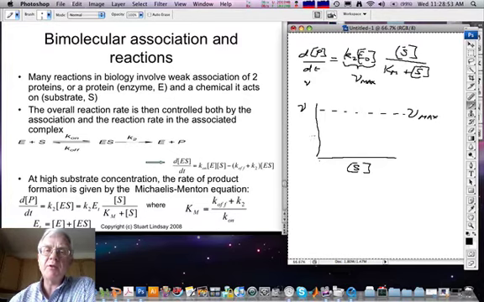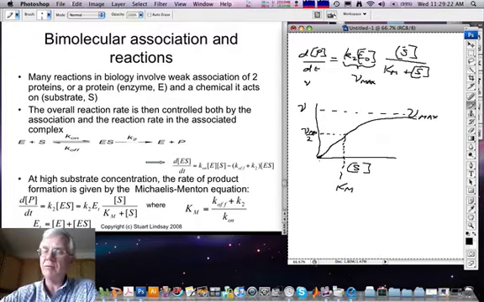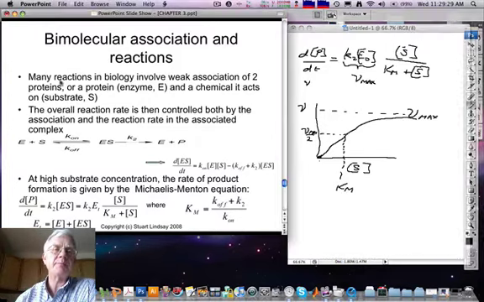As the substrate concentration goes to 0, the reaction rate falls to 0, and when the substrate concentration is exactly equal to Km, then the reaction rate is half of the maximum. So the Michaelis-Menten equation gives a prediction like this for the rate of reaction versus substrate concentration. And indeed that is observed in many enzyme-substrate reactions.